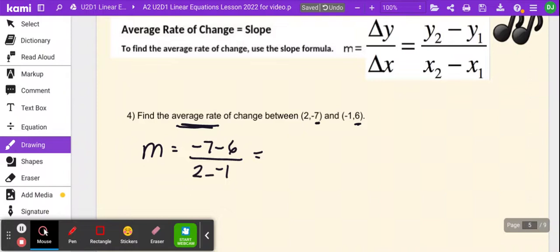Now all I'm going to do, and if you have trouble with this, just use your calculator, or if you want to check your computation. We're going to get negative 13 over 3. Final answer: the average rate of change between these 2 points is negative 13 thirds.